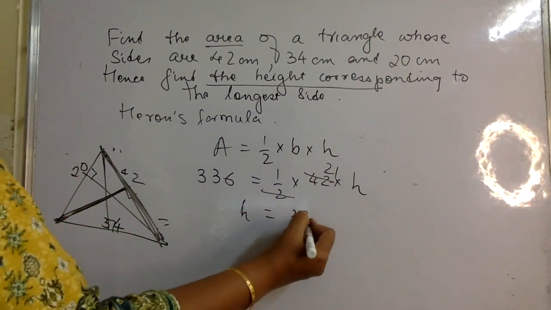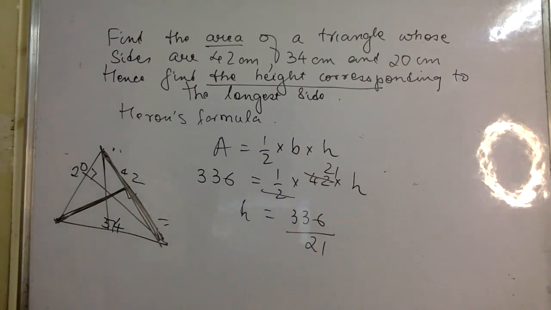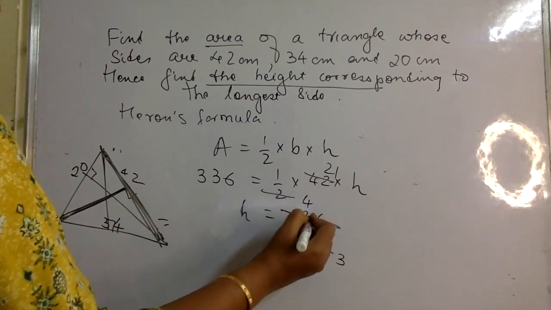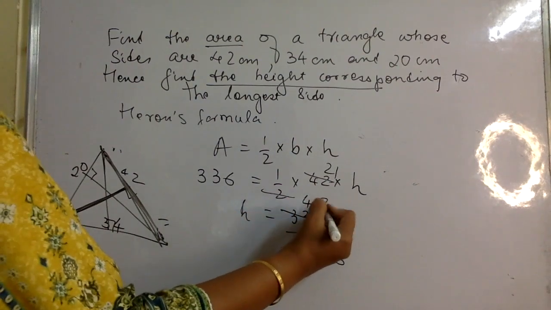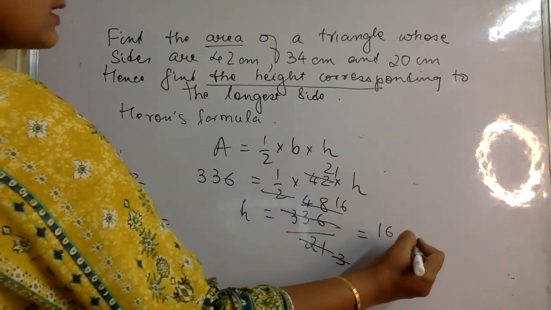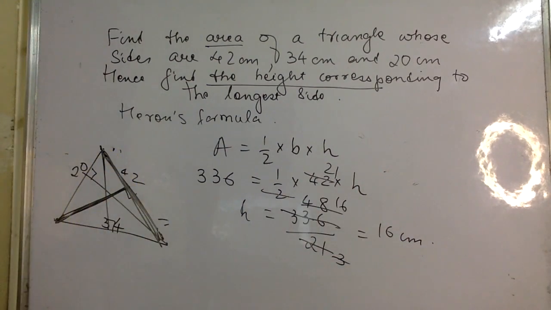Height is 336 by 21. This goes by 7. 7 3s are 21, 7 4s are 28, and 7 8s are 56. 16. Okay, 16 centimeters. So the height corresponding to the longest side is 16 centimeters.